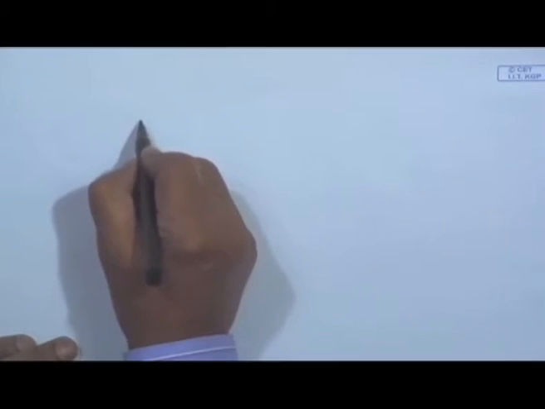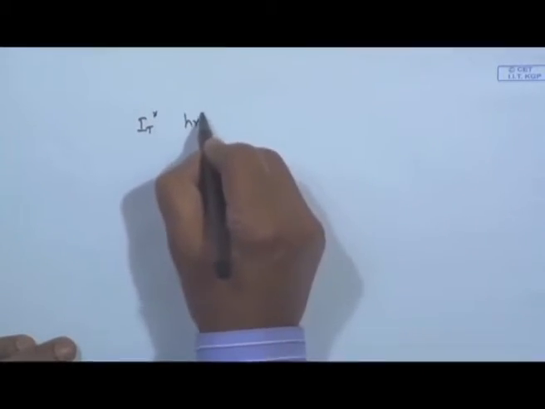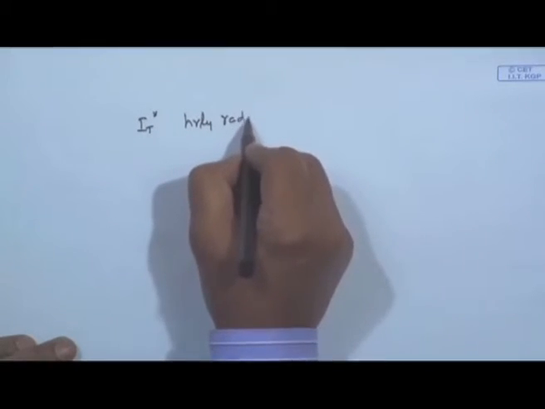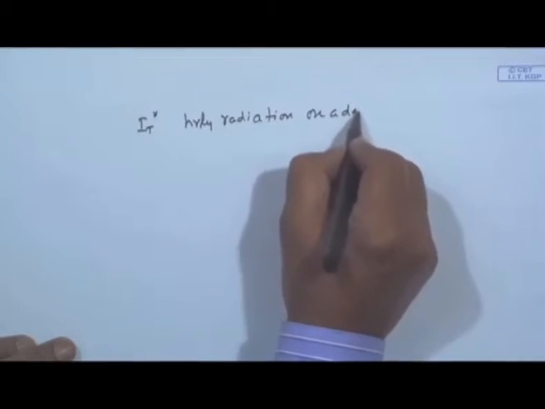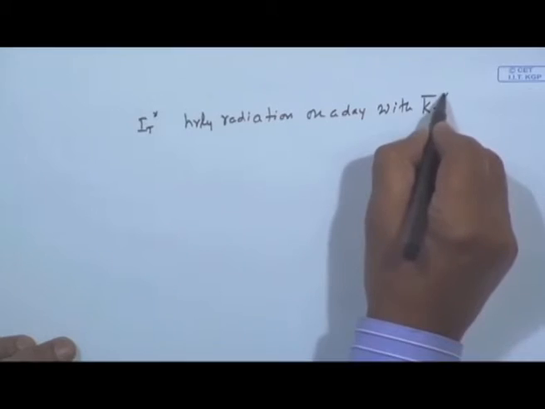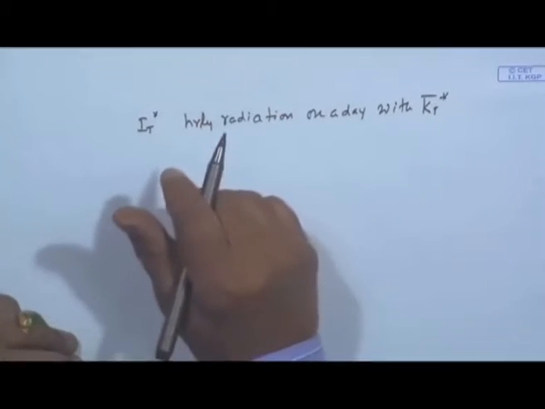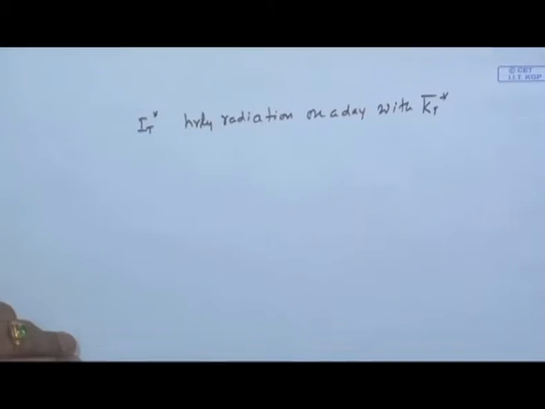So, IT star is the hourly radiation on a day with kT bar star. We have explained in detail how to find this kT minimum by equating the noontime radiation to the IC. You will find the unknown kT, that will be the kT minimum.